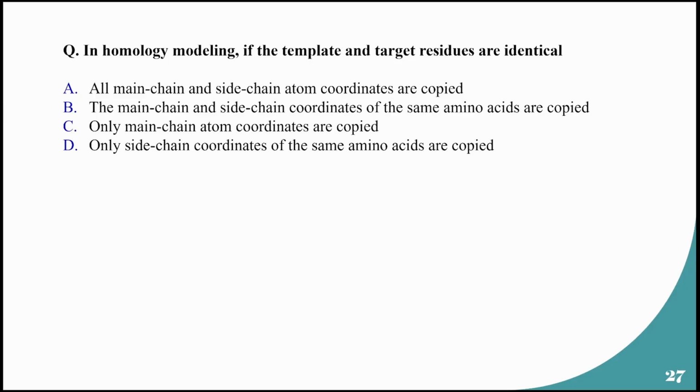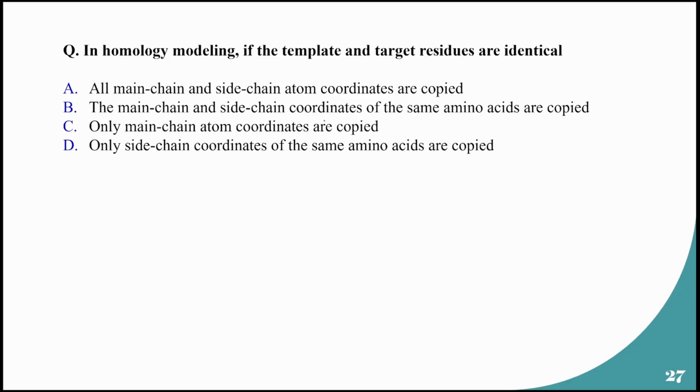So if you do not know the structure of a homologous protein, but you have the sequence for that, since there is a high degree of sequence similarity between these two, you can get inference regarding the structure from the already known structure of the homologous protein, right? So that is termed homology modeling here.